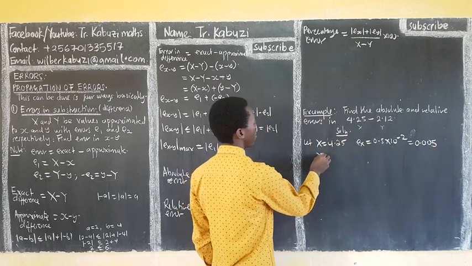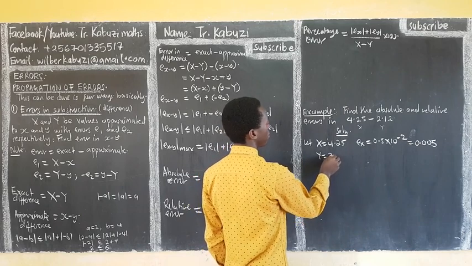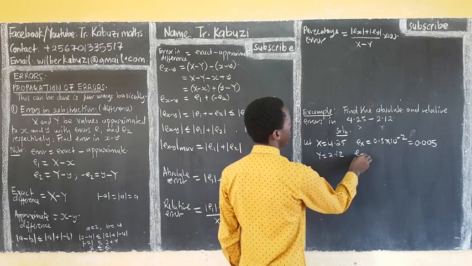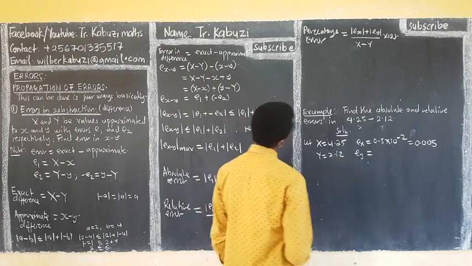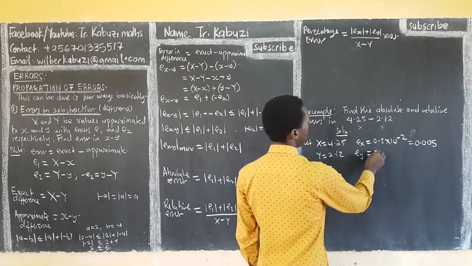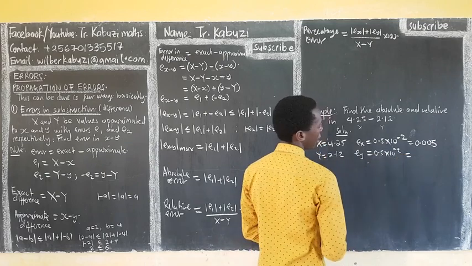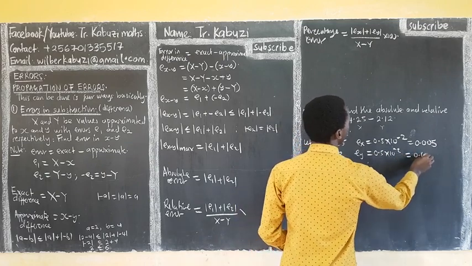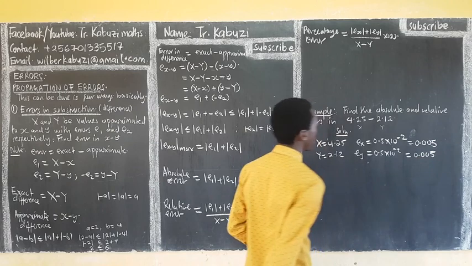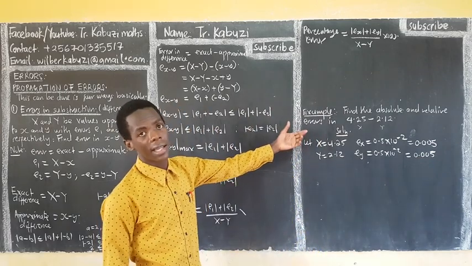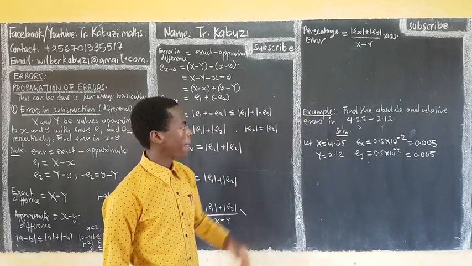I also let my y be 2.12, so the error in y will be 0.5 times 10 power negative 2, which is 0.005. We saw another way of getting this, and I think we remember how.